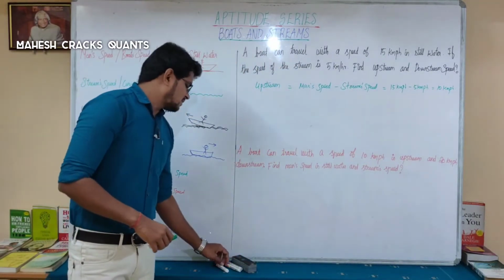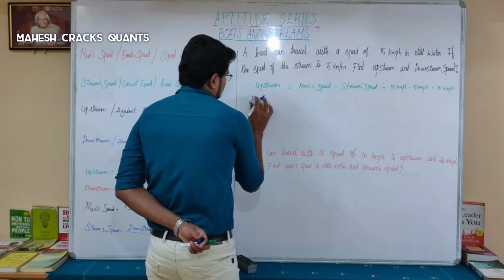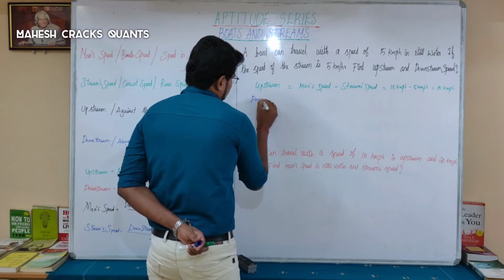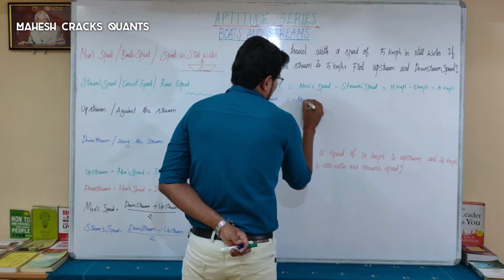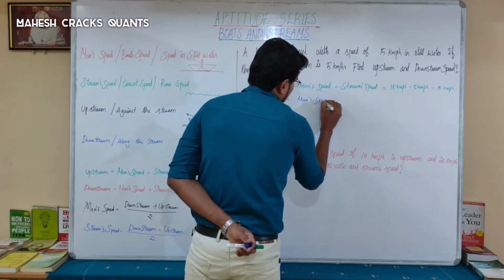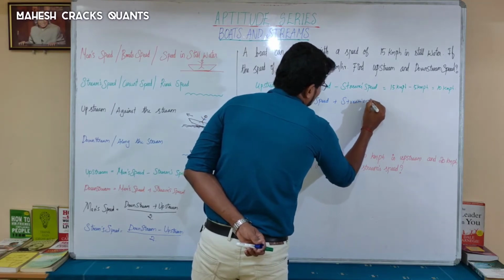Okay. Next one is downstream. What is downstream? Downstream, we know that, man speed plus stream speed. Why are you adding stream speed with man speed?